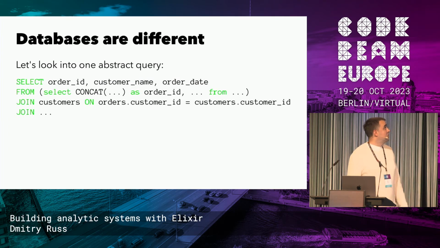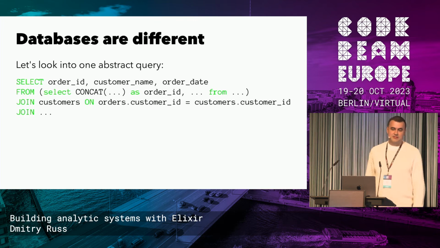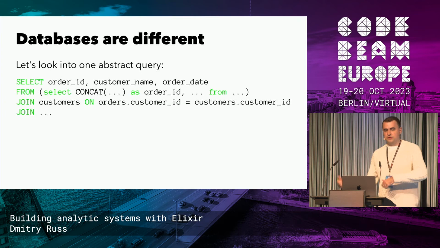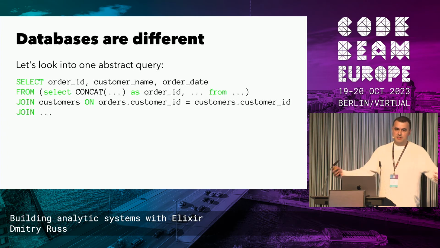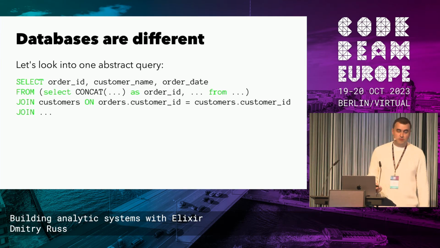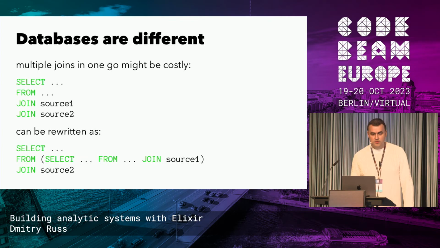Let's look into one abstract, more or less complex query where you want to select from, prepare a little bit of data beforehand and do some joins because you have data from multiple sources. But this query won't work on all databases, or it might be just slow.